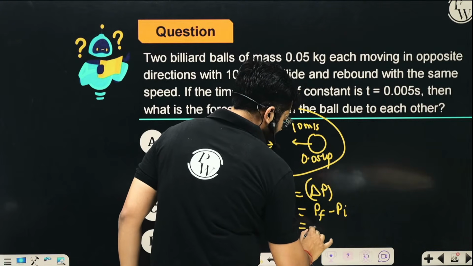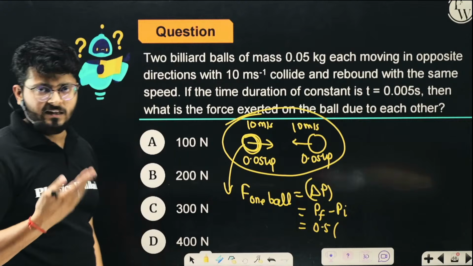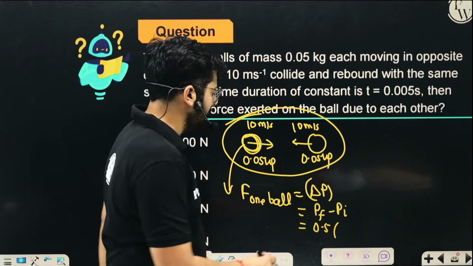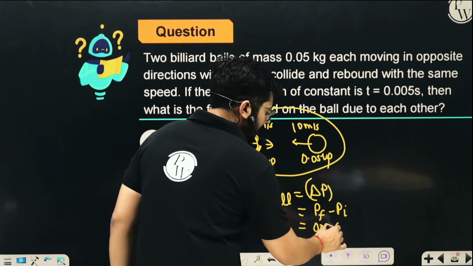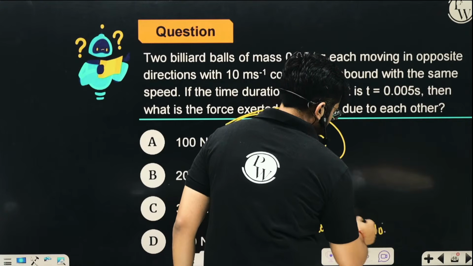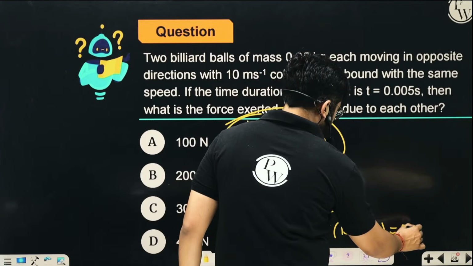So it will be 0.05. Final momentum is m into final velocity, initial momentum is m into initial velocity. m is taken out as common. m was 0.05, and here you put the velocities, 10 minus minus 10. So basically it is 2mv, 0.05 into 20.